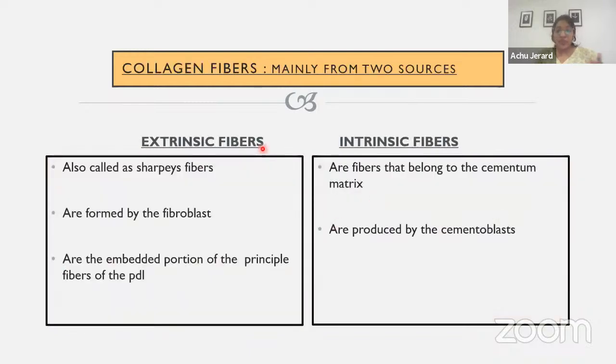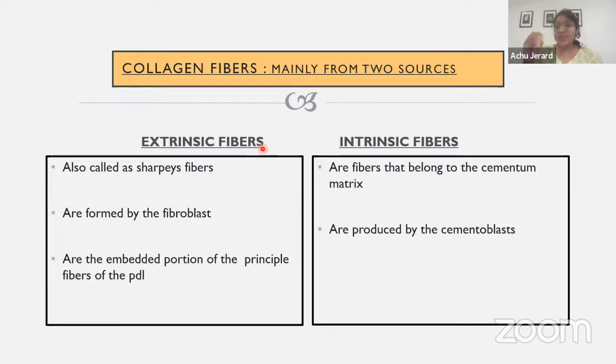And when we come to the classification, it is mainly classified on the presence and absence of fibers and the presence and absence of cells in it. On the basis of presence and absence of cells, it is acellular and cellular. And then on the basis of fibers, you have both intrinsic fibers and extrinsic fibers.